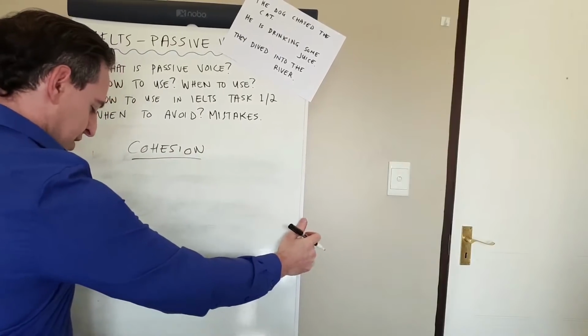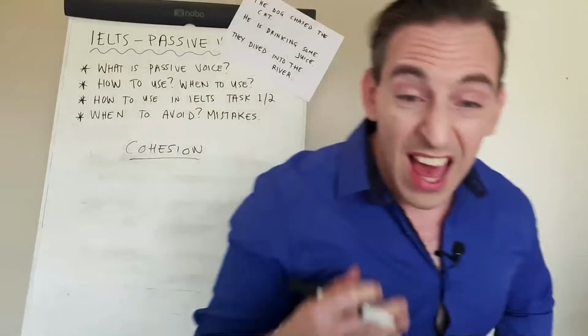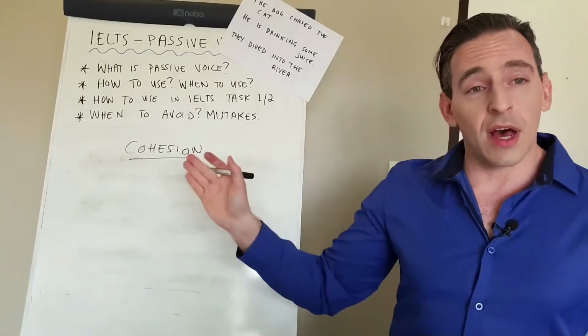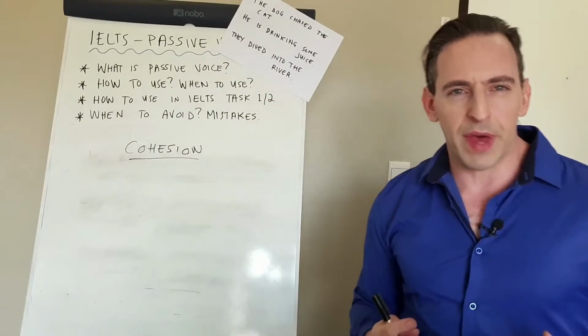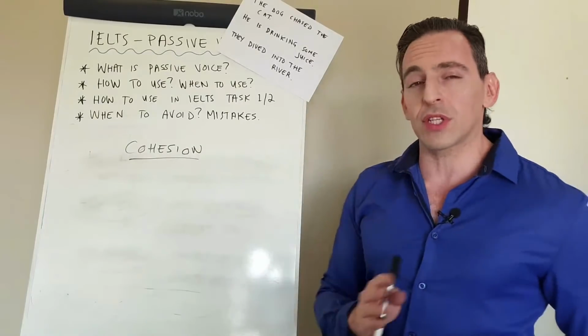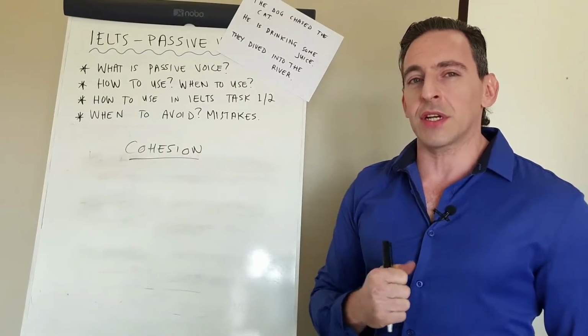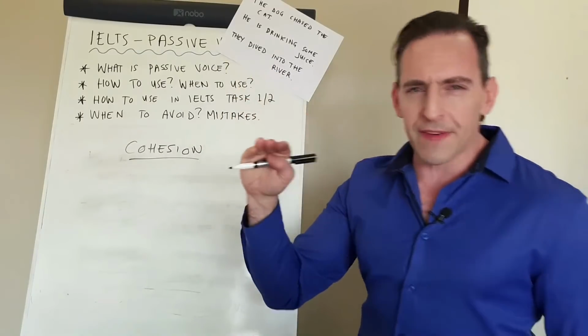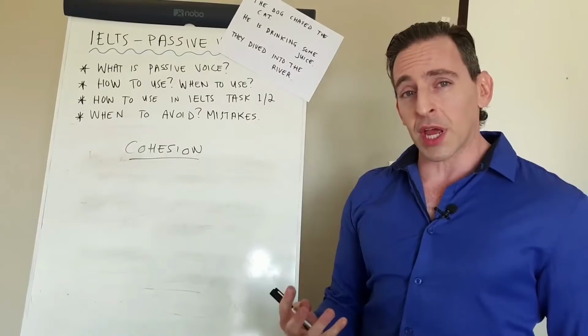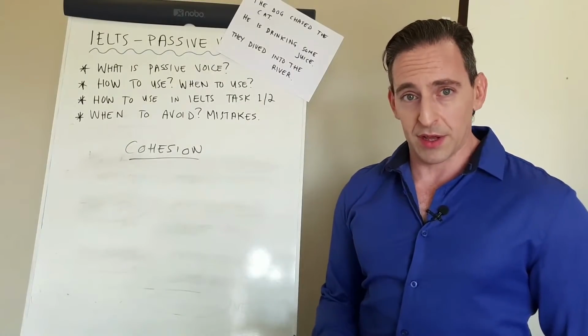By not having a cohesive set of paragraphs and not going in order, it can affect your band. And by using passive voice, we can sometimes make our sentences much more cohesive, make them flow very nicely, which makes a good read, which gets you a better band.